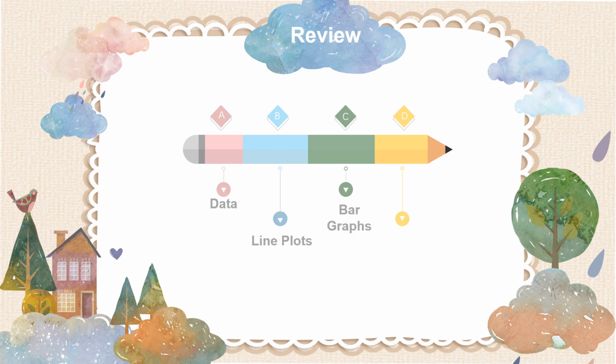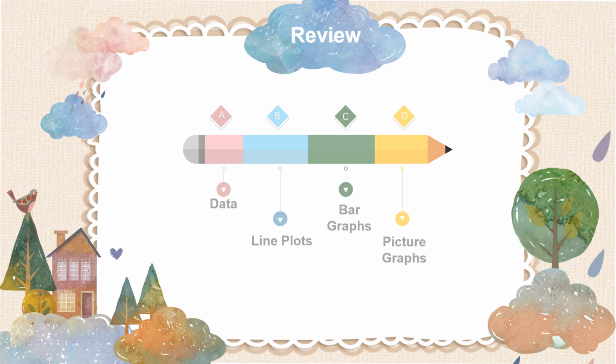Then bar graphs. What were the bar graphs? Excellent. We used the height of the bars in bar graphs to compare data. And then we studied picture graphs. So what is the difference between a bar graph and a picture graph? Very good.